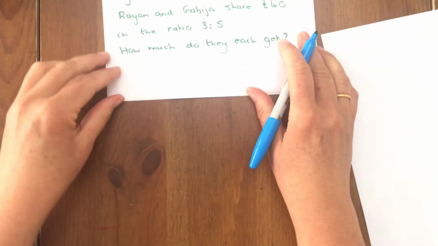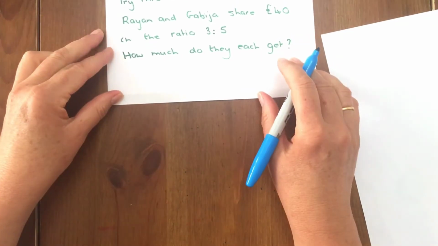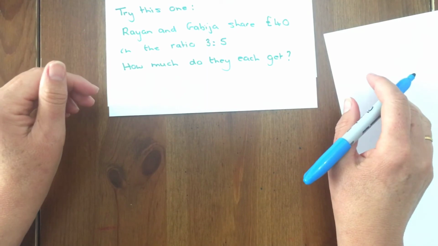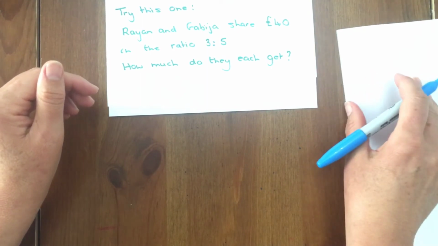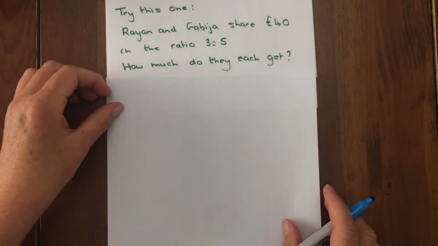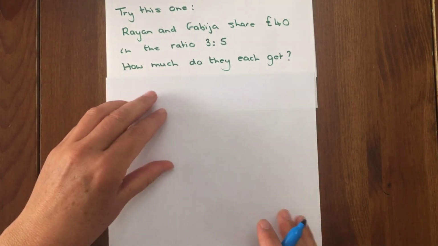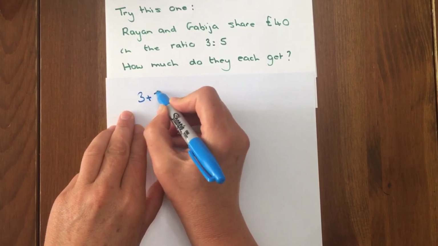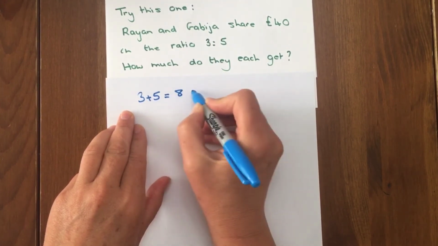Okay, try this one. Another worded problem with some other names from the class. Rayan and Gabia share £40 in the ratio 3 to 5. How much do they each get? Okay, pause and have a go. Okay, so how many shares have I got? So the total number of shares is 8.